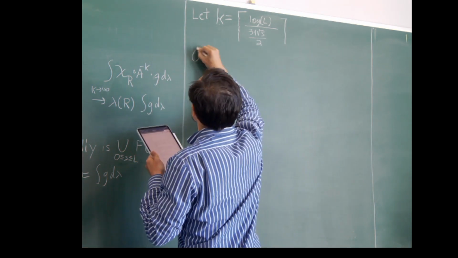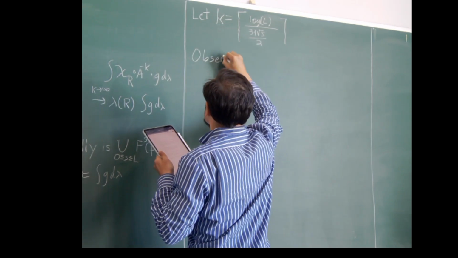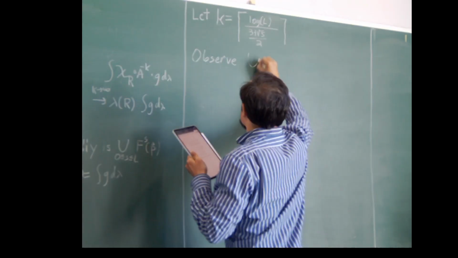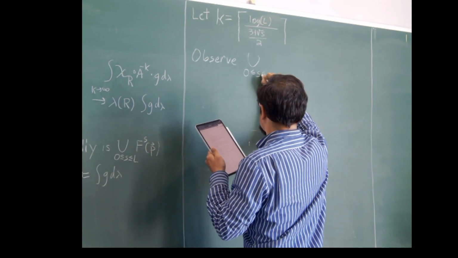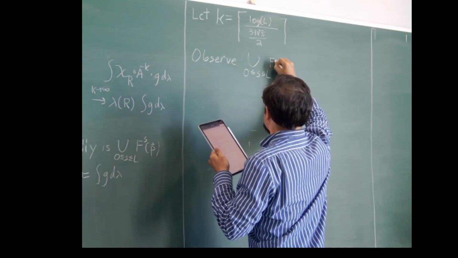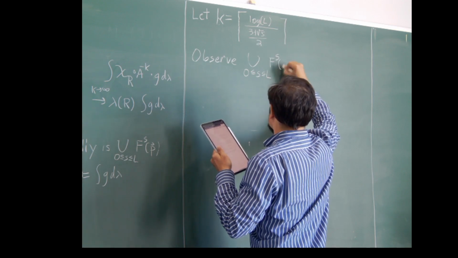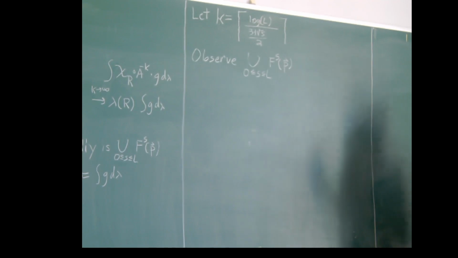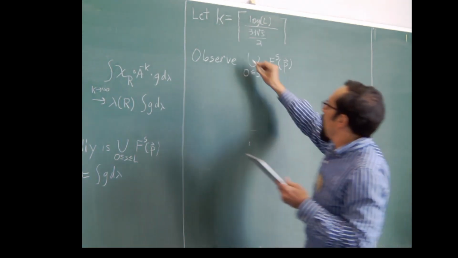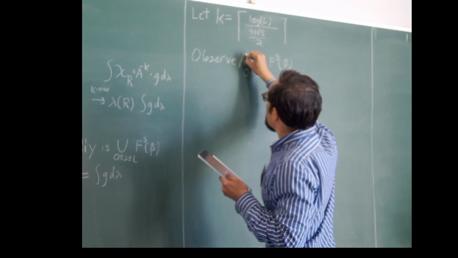Observe. The union for 0 less than or equal to S less than or equal to L of F to the S of P. I'm going to suppress my V's in the subscript of my flow direction. I'm going to apply A to the J of this.